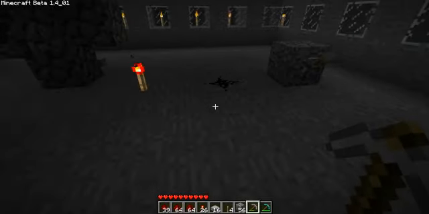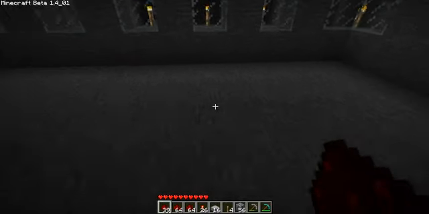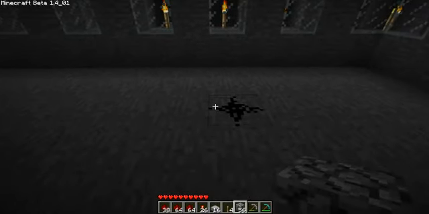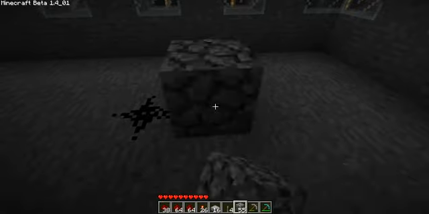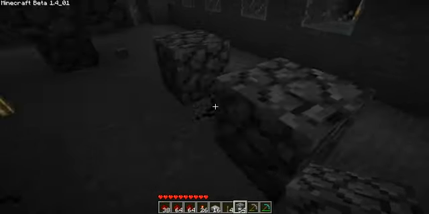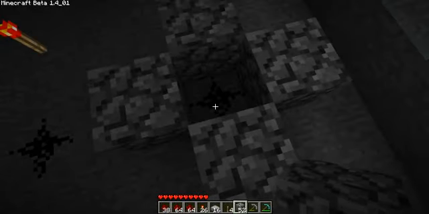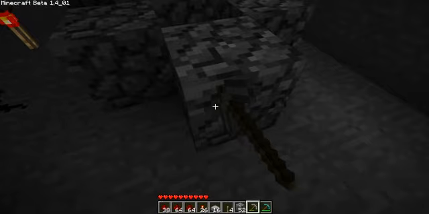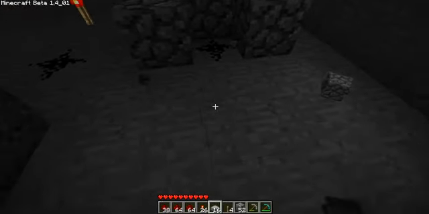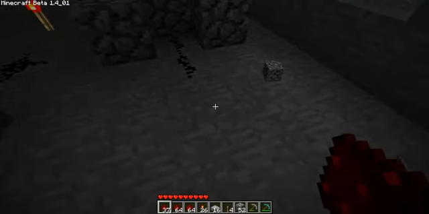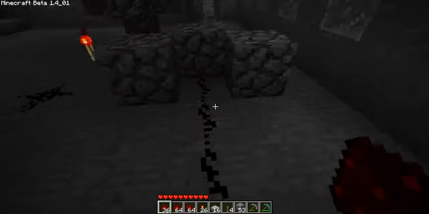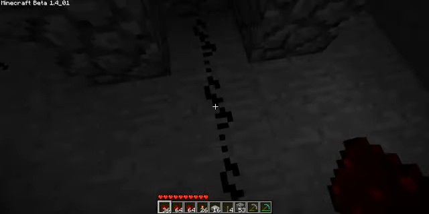For redstone wiring, a piece of redstone that's powered will transmit power to any block that is horizontally adjacent to the end of the wire. For example, if I had a string of redstone here, these blocks would all be powered.